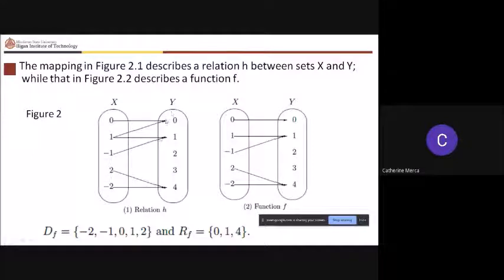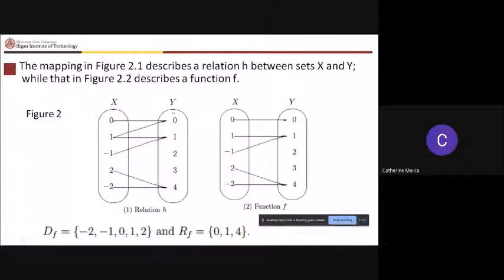So all the elements of Y are called your codomain. So these are your codomain, these are your domain, but the elements of the image are only 0, 1, and 4. Similarly, you have 0, 1, and 4. But it is possible that your codomain, which is your Y, and your range are equal.